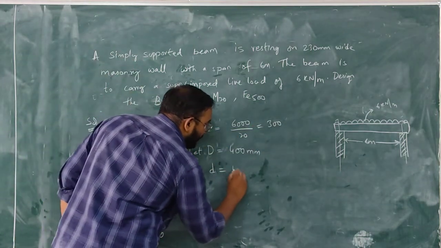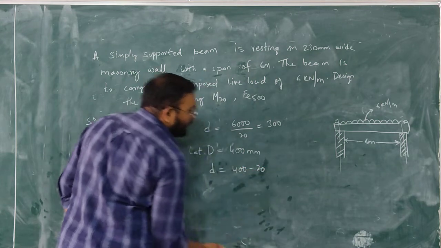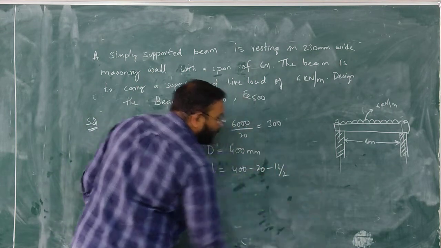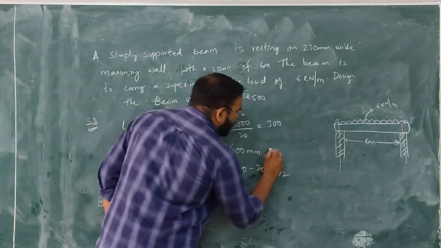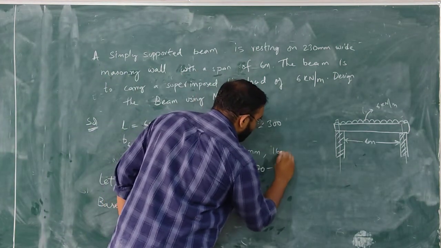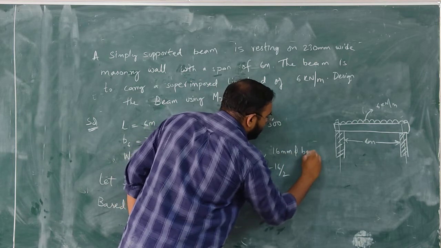Now what is small d? 400 minus 20 clear cover minus 16 by 2. Suppose I am providing 16 mm diameter bars, I am assuming 16 mm dia bars.